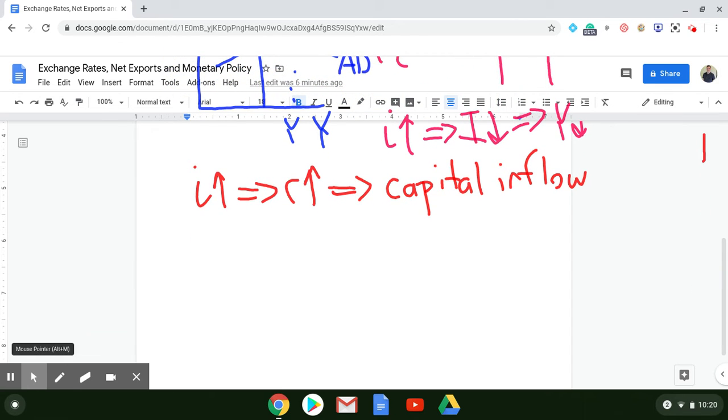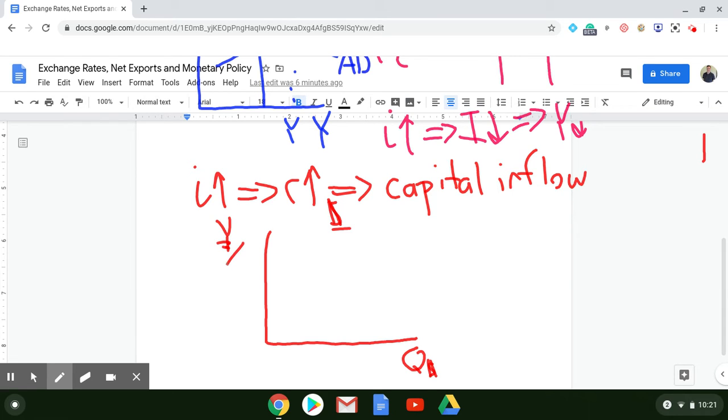And as they do that, they're going to have to go, again, let's use the dollar. Let's say it's Japanese investors, because this happened a lot in the 80s, actually in the late 70s. So we've got yen per dollar.